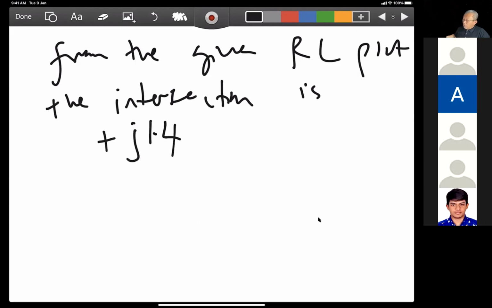And what is the corresponding gain? K critical. Sardinan?